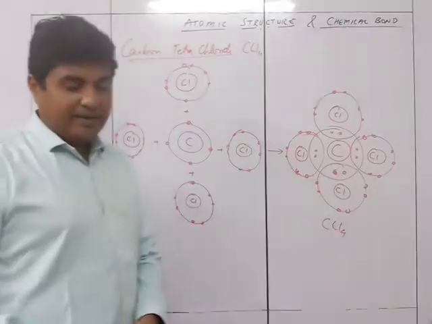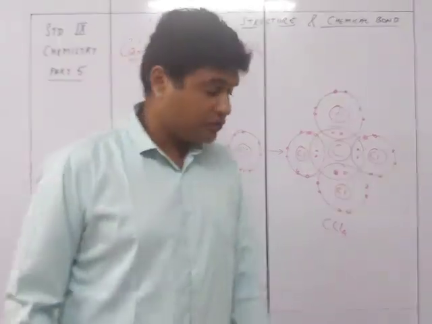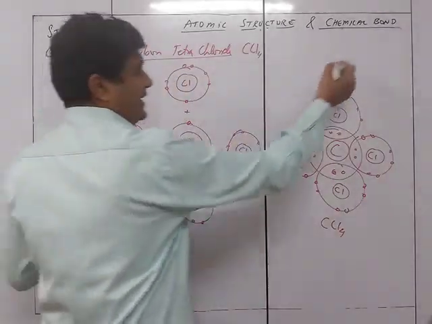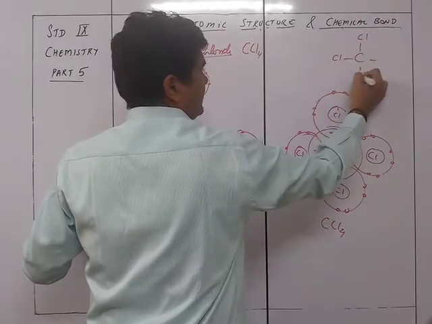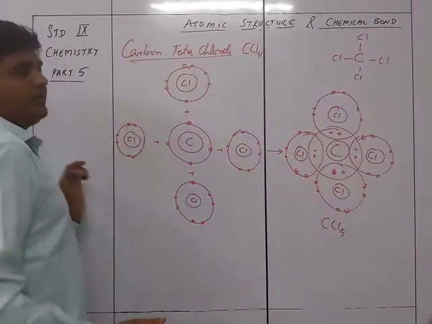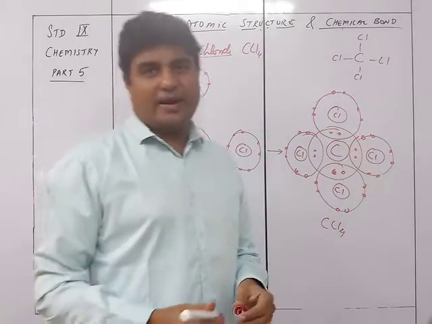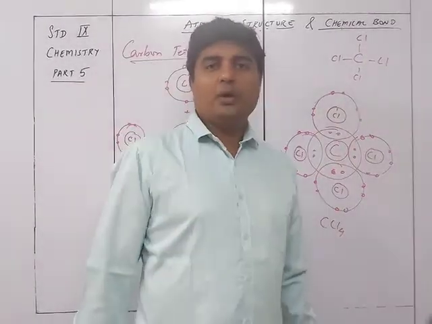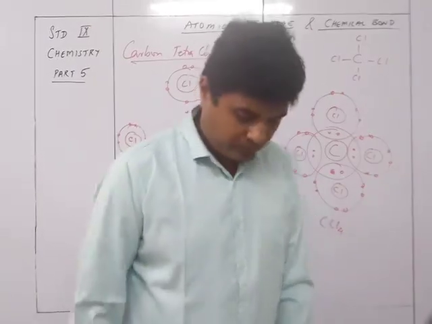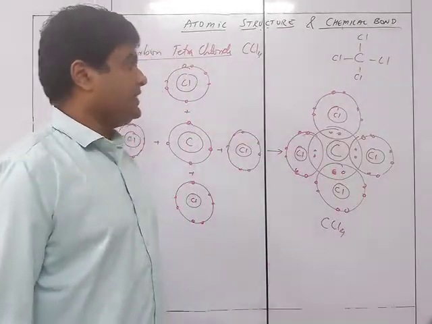Okay, it is carbon tetrachloride which is going to be formed in this manner. It can be represented as C and then all the 4 dashes as Cl, Cl, Cl and Cl. This is going to be representing the carbon tetrachloride with single bond of chlorine and all the 4 valencies of carbon. Okay, and the last one is methane.